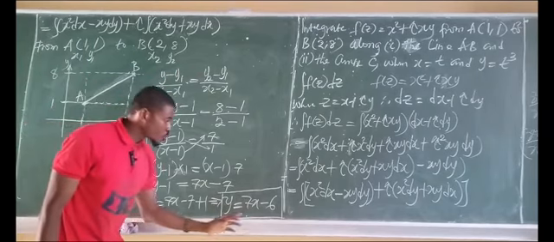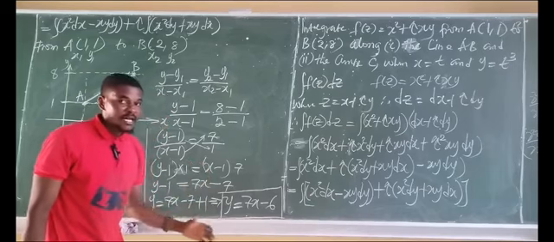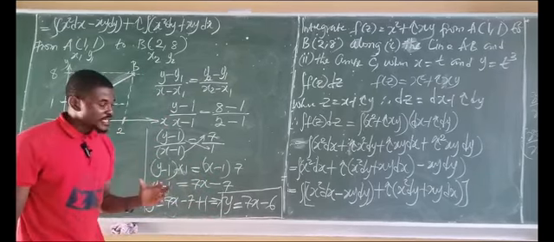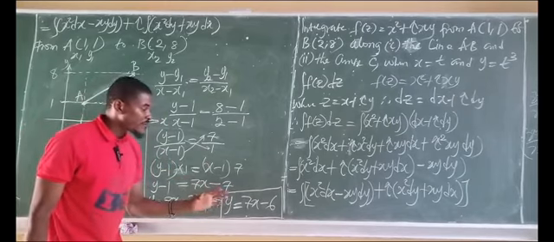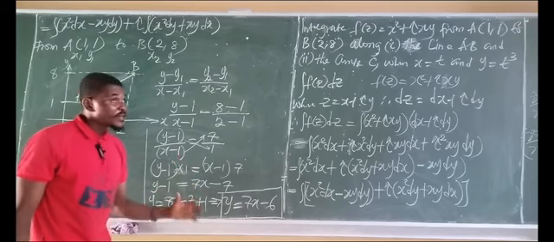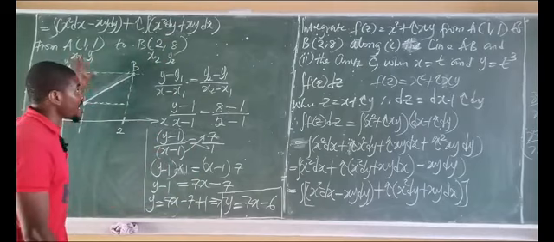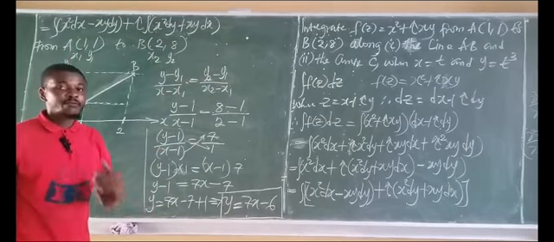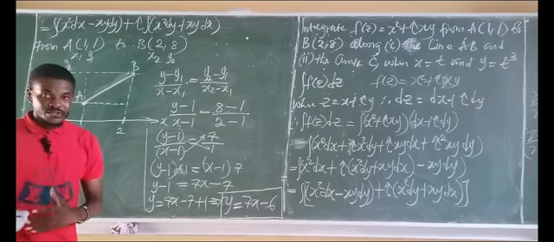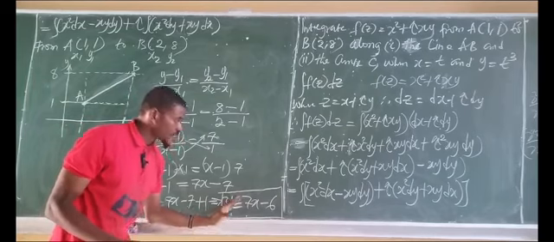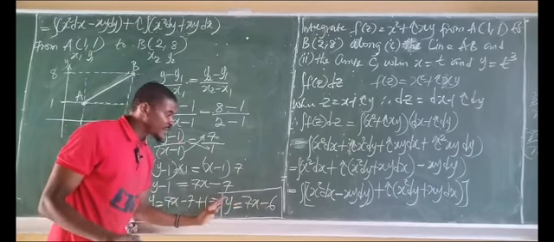Or you can also choose to make x the subject of the formula so that x will now become a function of y, such that if you differentiate x, you have it in terms of dy. To replace every function of x has to be in terms of y. To carry out this integral all through in terms of y, you will still have the same result. So now we have y equal to 7x minus 6, which means y is a function of x.